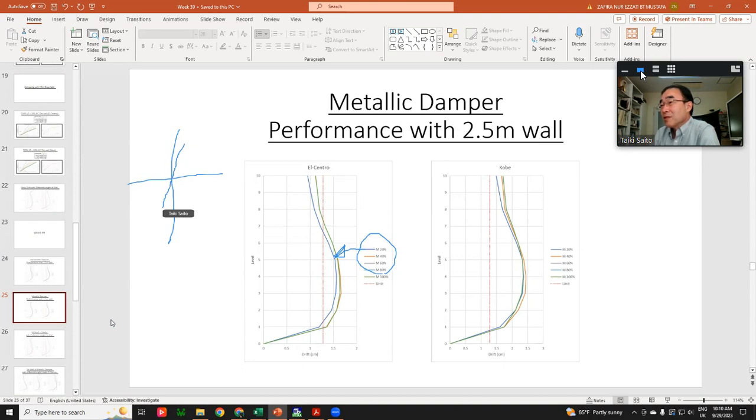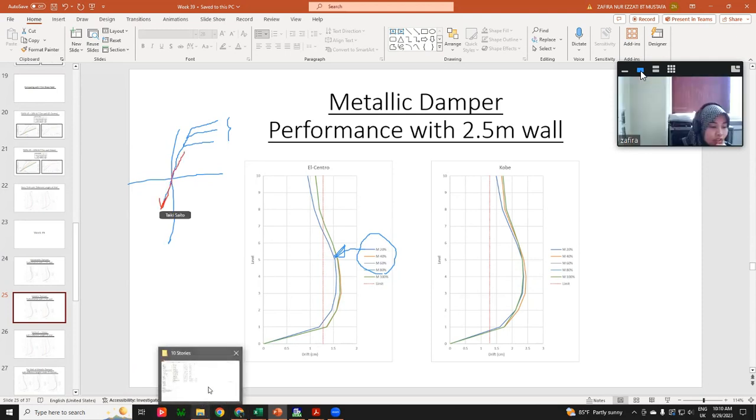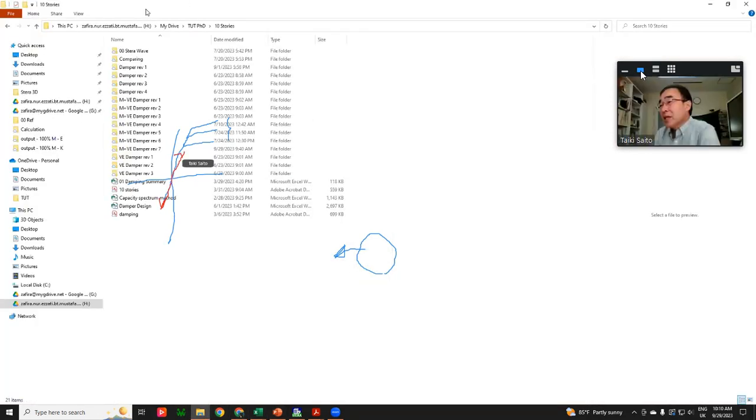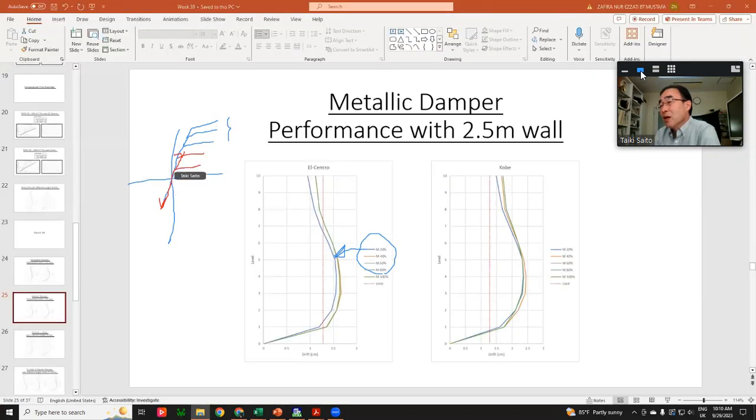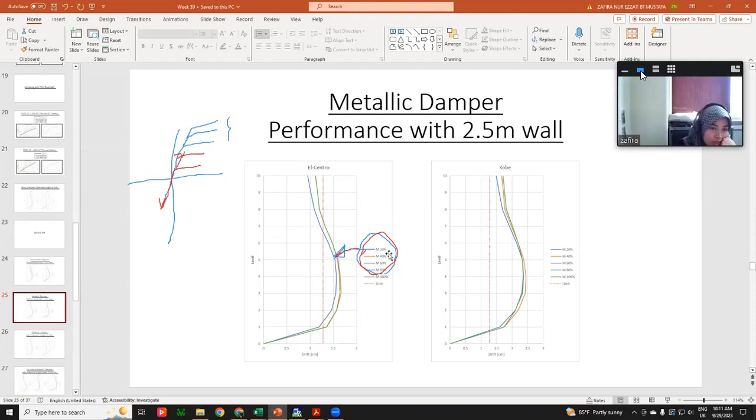So if you change the capacity of the damper by 20%, 40%, 60%, the response is even smaller. So I think 10% or even 5% may work to dissipate energy. Actually, this damper doesn't dissipate any energy. Okay, I can try lower than 20%.